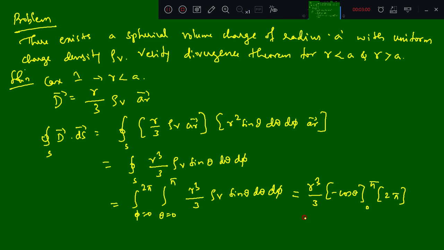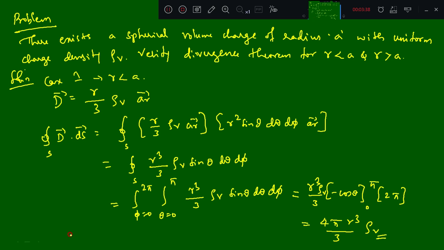Minus cos pi is 1, minus of minus cos 0 is plus 1, so 2, and 2 into 2 becomes 4. So it is 4 pi into r cube by 3, with the constant term rho V remaining. So this is the LHS.